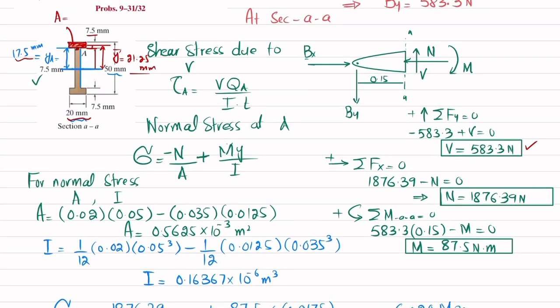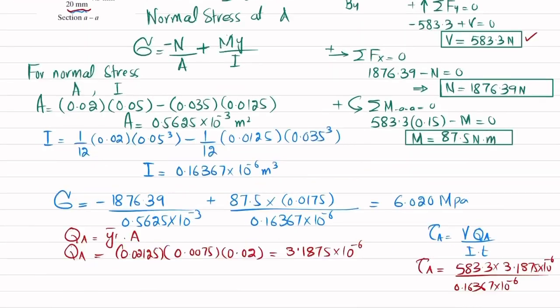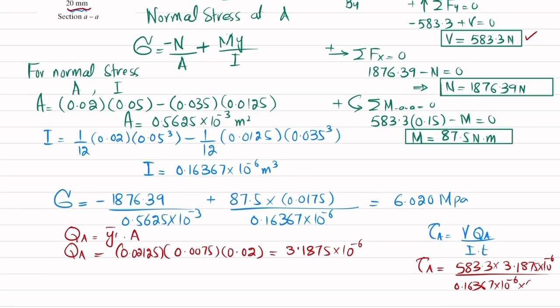So t at point A is, you can see, 7.5 millimeter, which is 0.0075 meter. So when you solve this, you will get the shearing stress at point A comes out to be 1.515 megapascal.